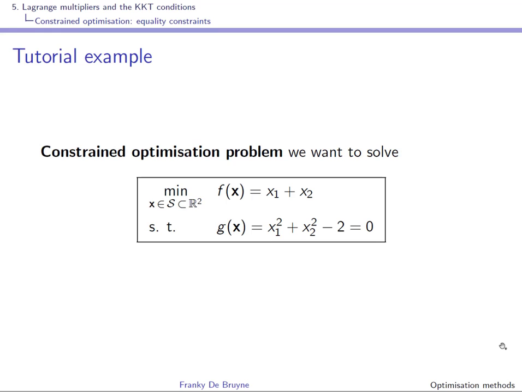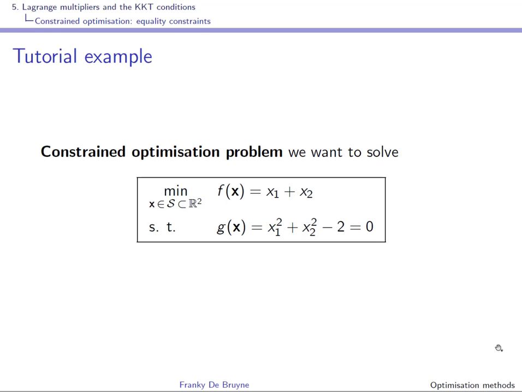We have shown in two different ways that at a point x star that is the solution of our minimization problem of f of x subject to g of x equal to 0, the gradient of f of x and the gradient of g of x are aligned. We are now going to show it using this tutorial example. The tutorial example is very simple so that we can represent everything.